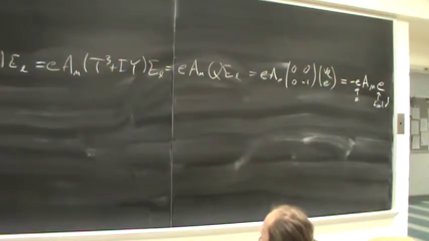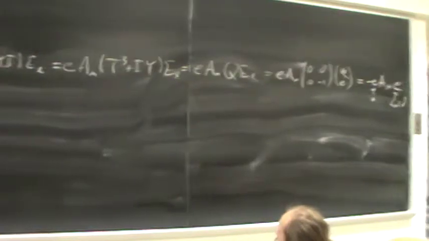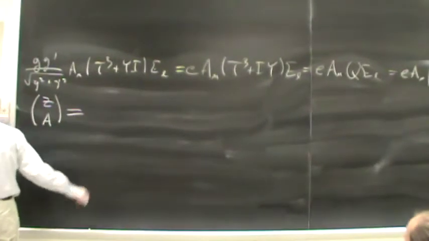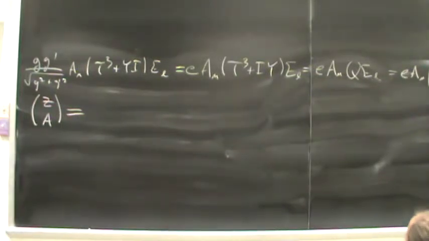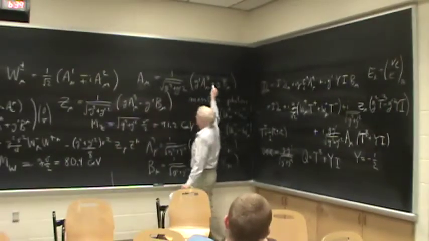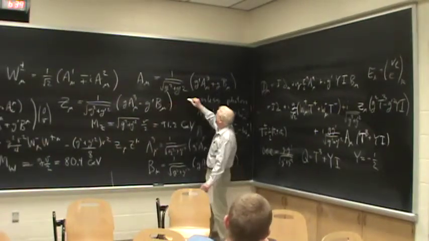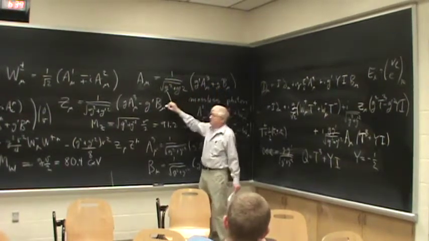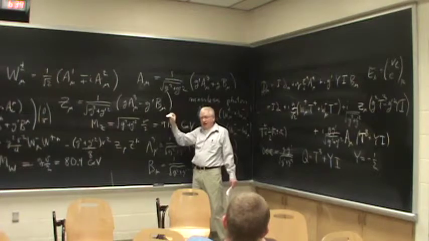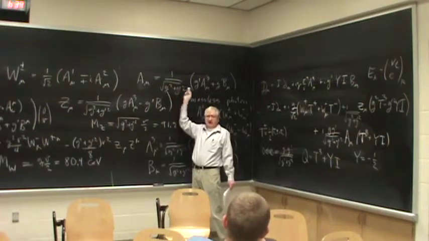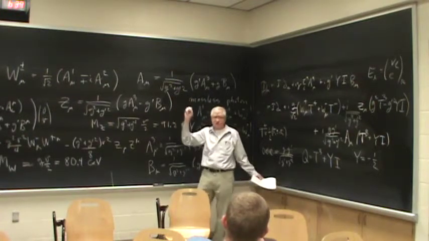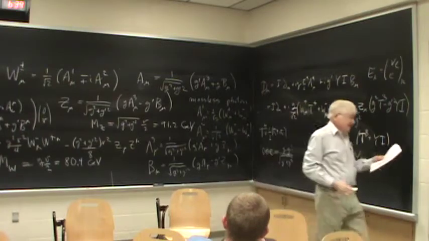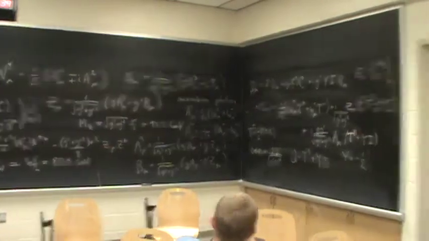Now, let's look at Z and A. They're related to A3 and B in this way, and these things are real numbers whose squares are 1. In fact, that's just correct normalization. And so these things are therefore angles.